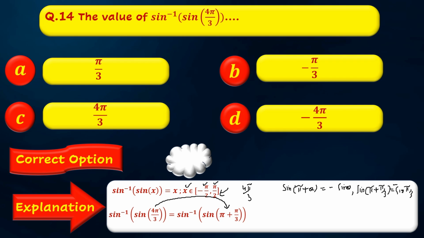Therefore, sine of pi plus pi by 3 will be equal to minus sine pi by 3. The value of sine pi by 3 is square root of 3 by 2. Therefore, we get sine inverse minus square root of 3 by 2, and it gives angle to be minus pi by 3. Therefore, correct option is option B.